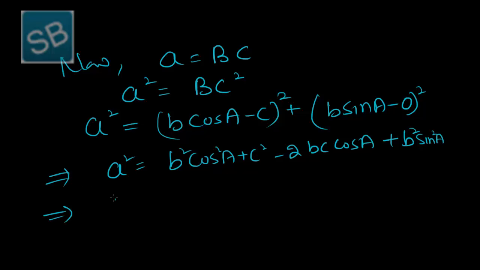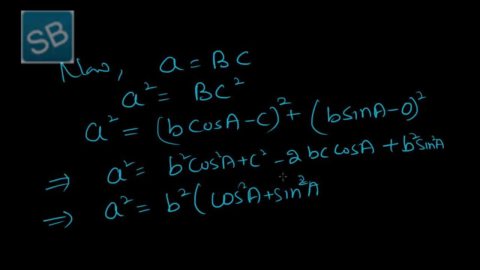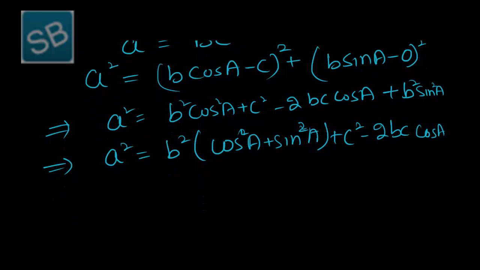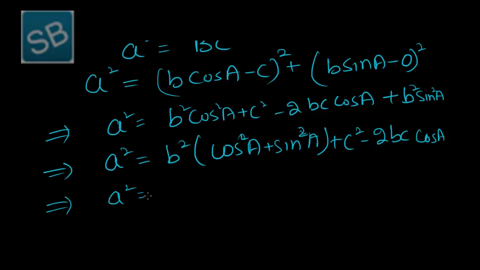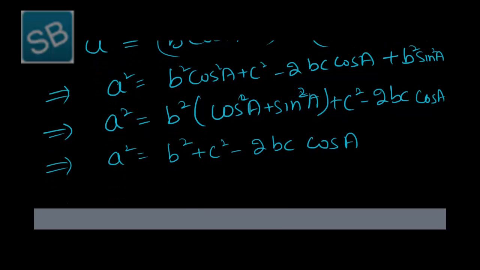So we get a² is equal to b², which is common, times (cos² A plus sin² A), plus c² minus 2bc cos A. So we get a² is equal to b² plus c² minus 2bc cos A. That is, we get 2bc cos A is equal to b² plus c² minus a².